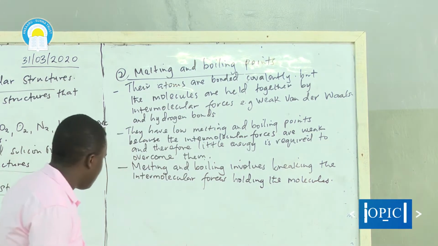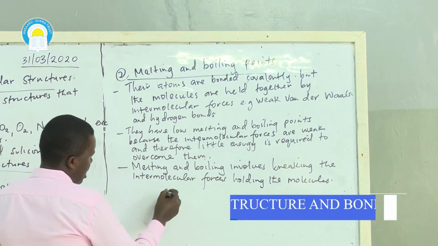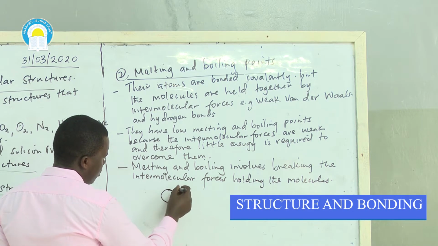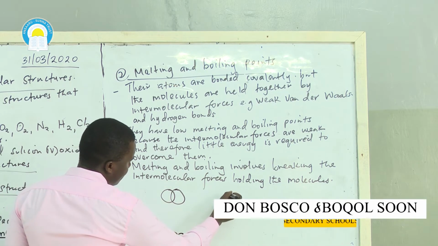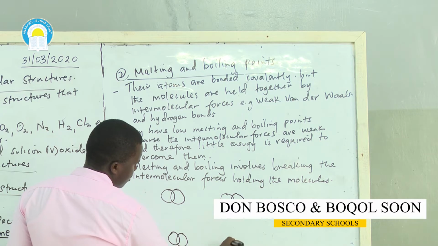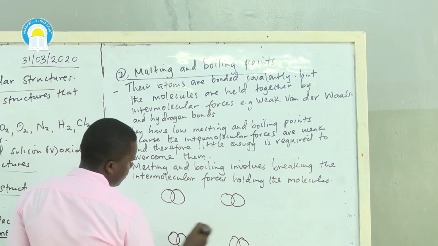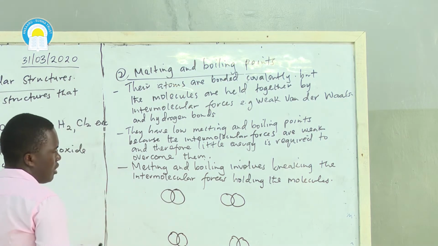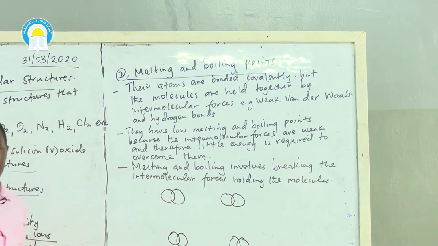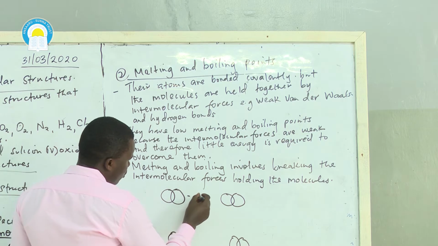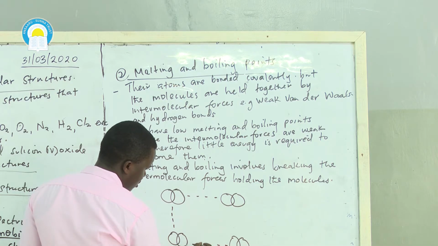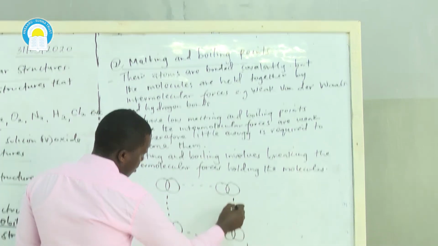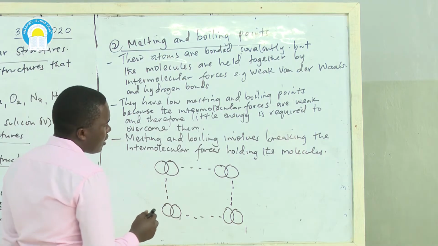For example, if you have a molecule of chlorine there, and another molecule of chlorine there, in these molecules, the two chlorine atoms are bonded covalently, but the forces holding the molecules together are what we call the intermolecular forces.